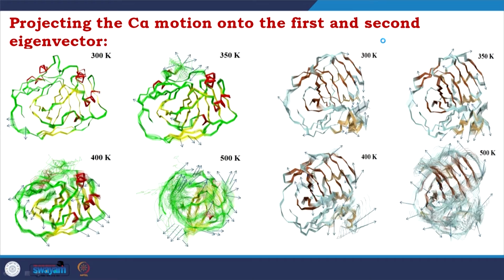Now, when we are comparing the MD simulation data of the mutant protein, we see that it shows enhanced movement in comparison to the same protein in its non-mutated form.